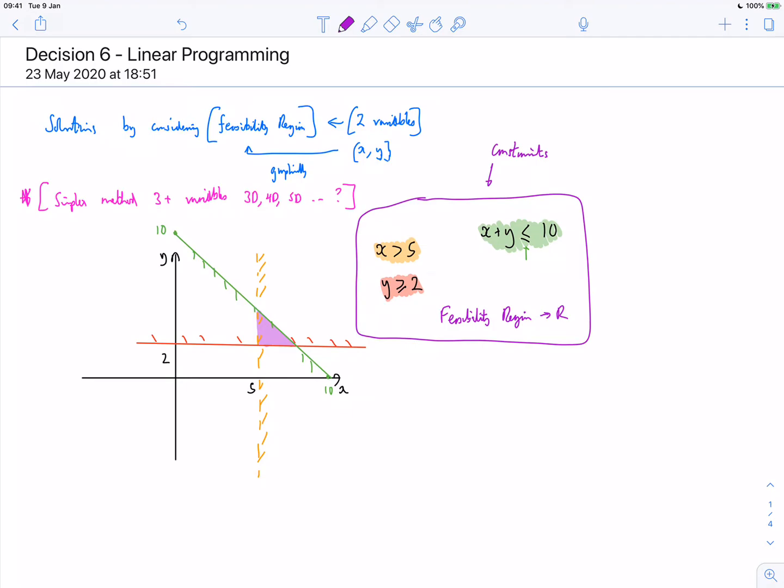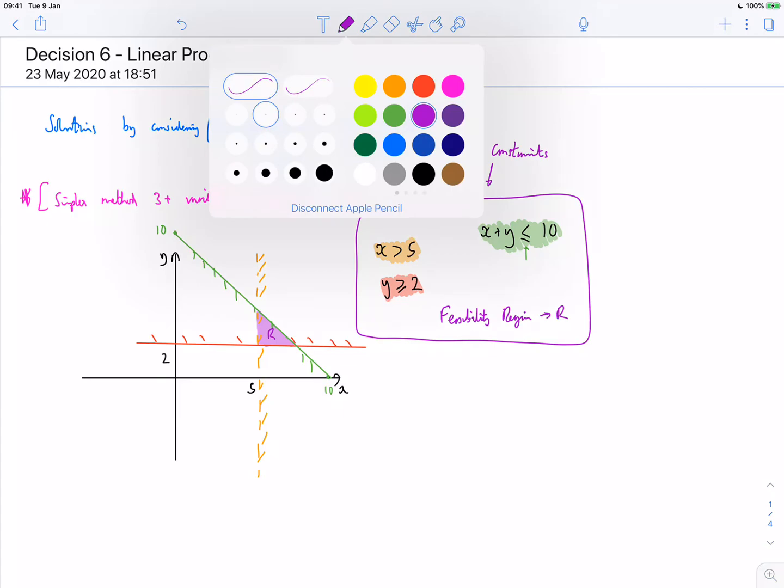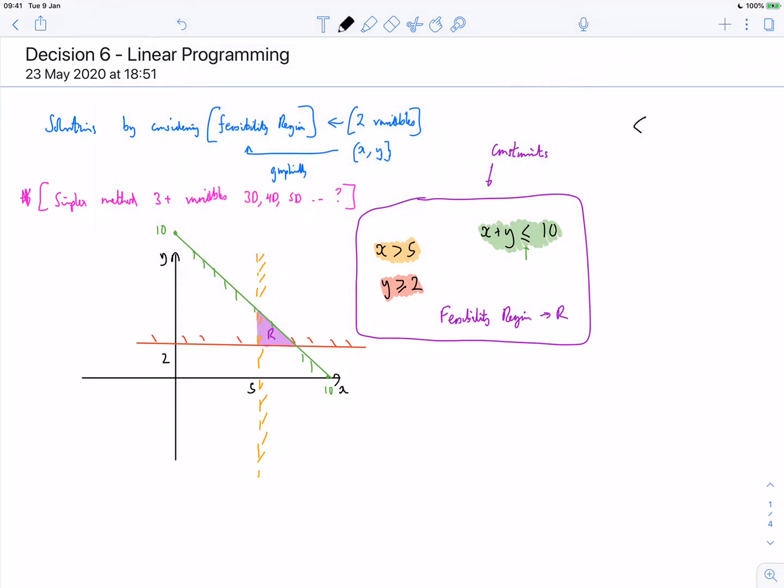I've given the example in a completely abstract context, but suppose we're asked to first of all sketch the feasibility region. Well, clearly it's this little triangle here. Please note that when it's less than or greater than, we use dashed lines, and when it's less than or equal to or greater than or equal to, we use solid lines.